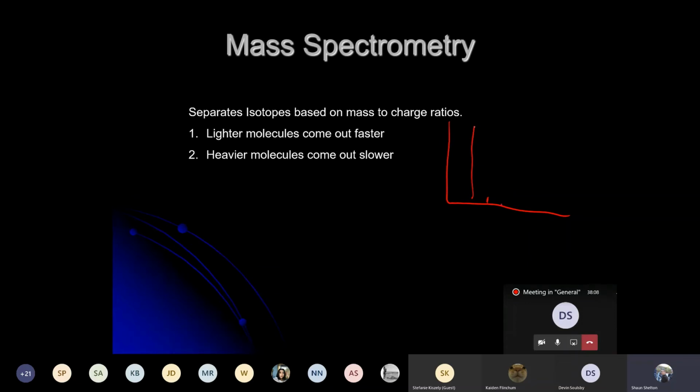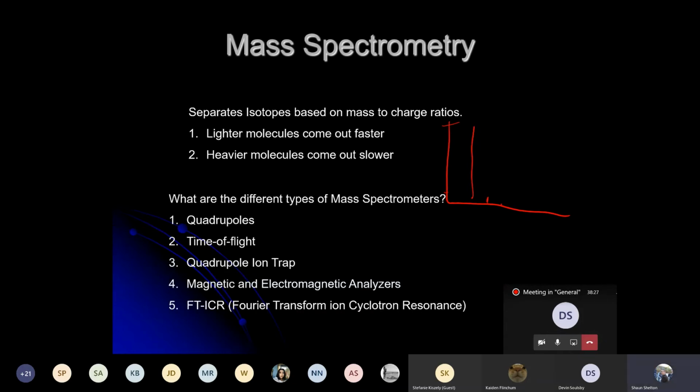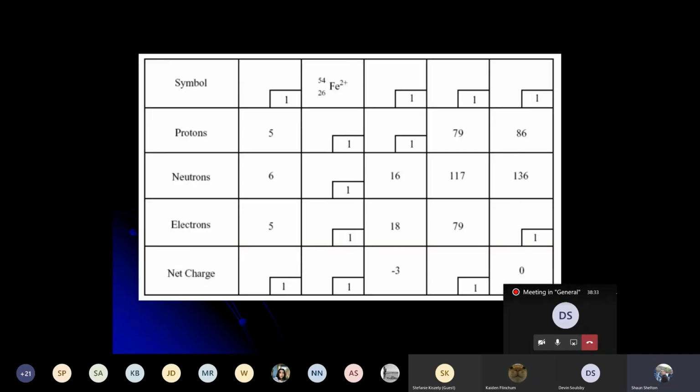They take the mass, the charge, and how tall this peak is compared to this one here, and that's how they figure out the percent abundances. The taller the peak, the more concentrated it is, the more abundant it is. I'm not going to spend too much time because I'm not going to be asking questions about mass spectrometry on your test.